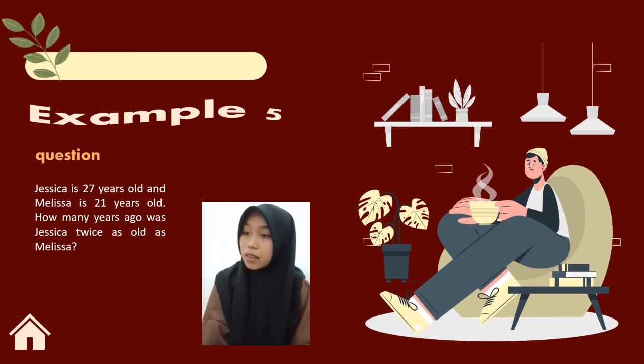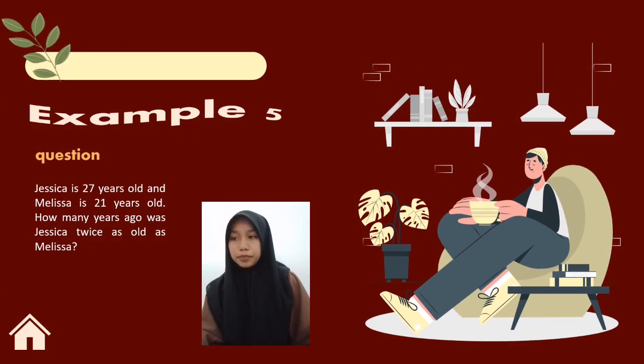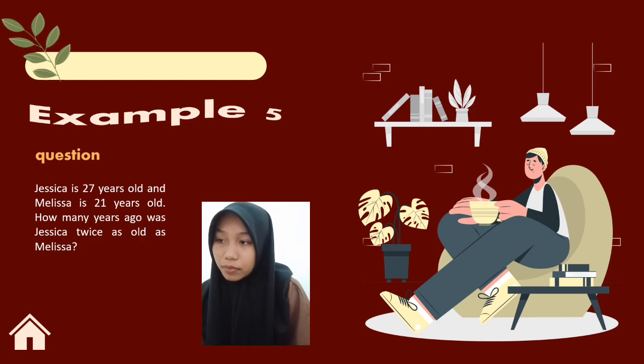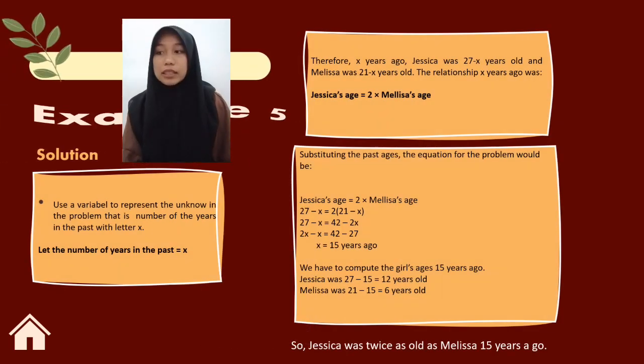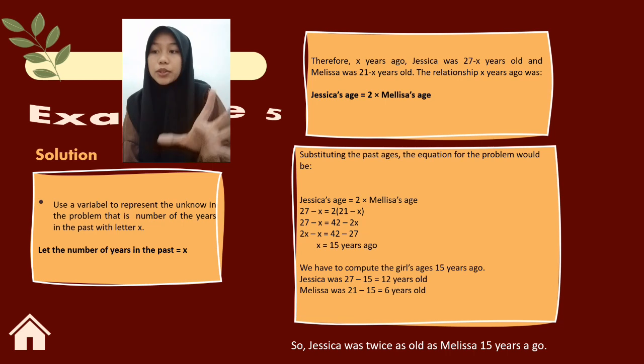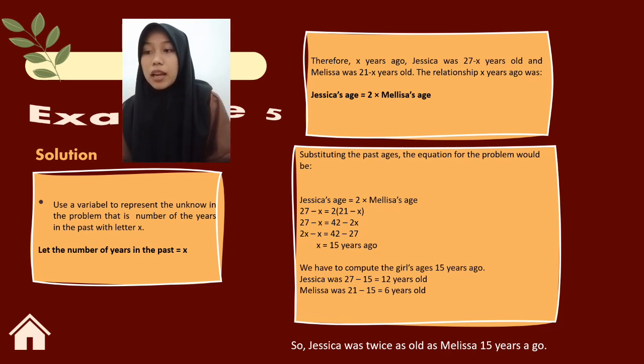Next, example 5. The question is: Jessica is 27 years old and Melissa is 21 years old. How many years ago was Jessica twice as old as Melissa? This is the solution. First, use a variable to represent the unknown in the problem, that is the number of years in the past, with the letter x.